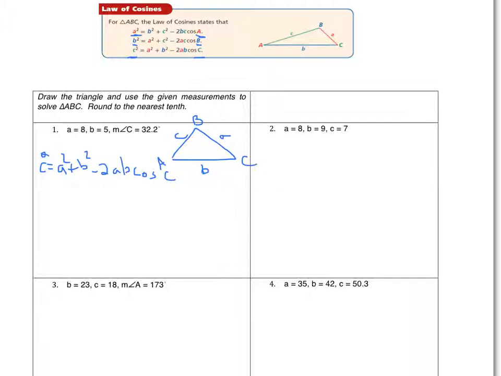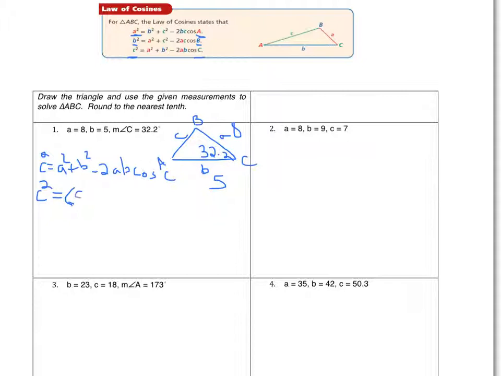So let's go ahead and plug in what we know. So we have c squared equals, and we know that a is 8, and we know that b is 5, and we know that C is 32.2.